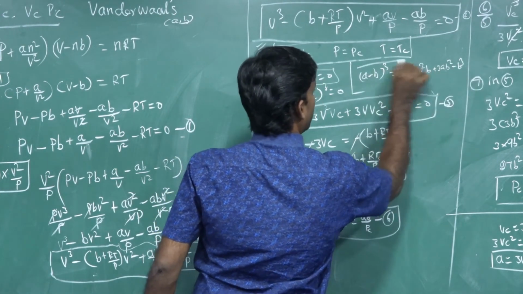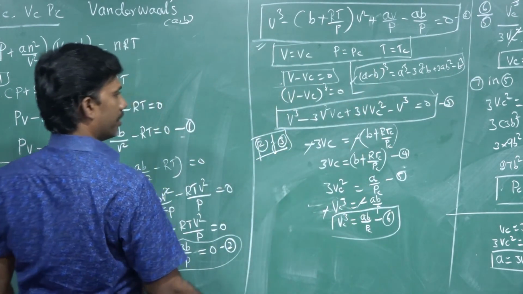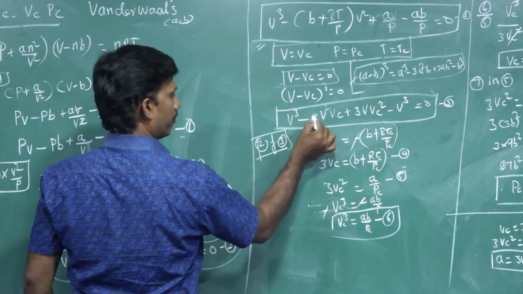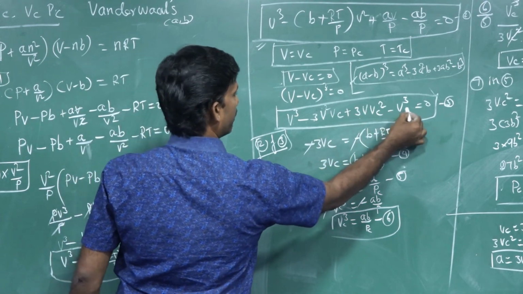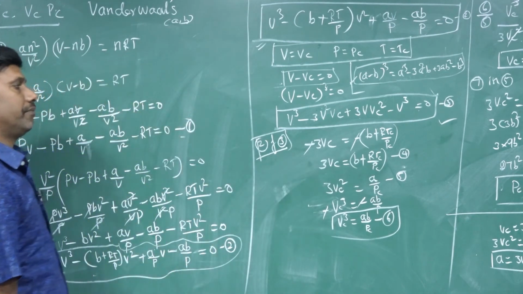I am using this formula and expanding. As a result, I get the cubic equation V cube minus 3V squared VC plus 3V VC squared minus VC cube equal to 0. I am keeping that as equation number 3.